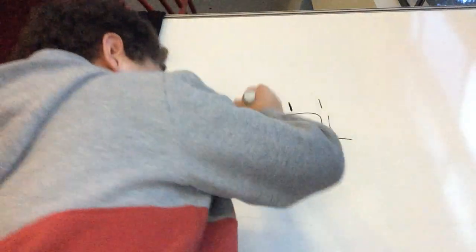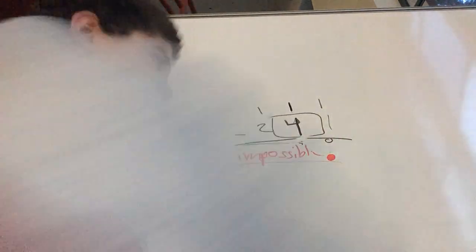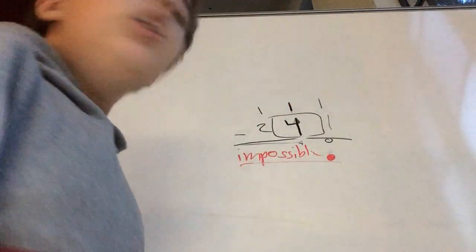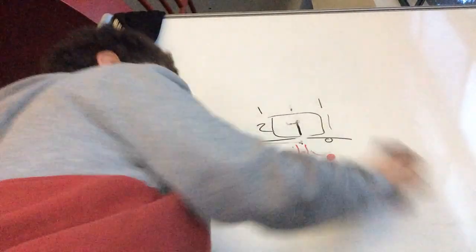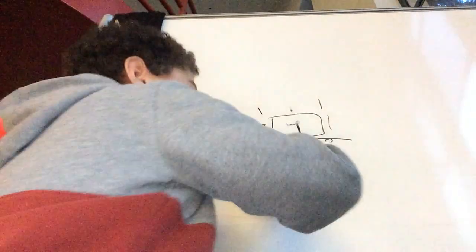So we have to put 2. Okay, so we got this organized. Put 3 here. But remember, the answer is impossible. 1 minus 4 in 4th grade is impossible. Okay? You got that? Good.